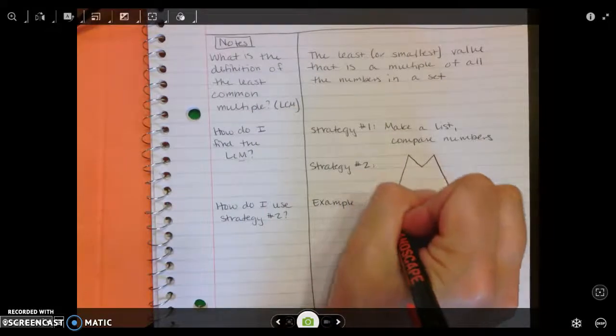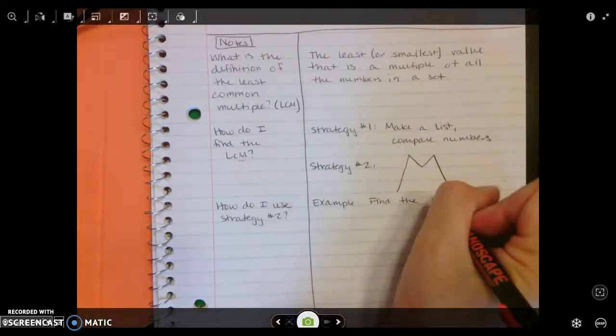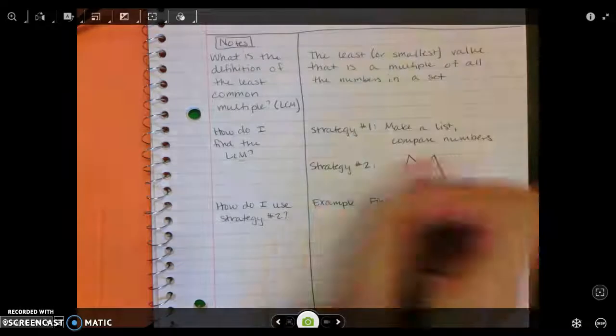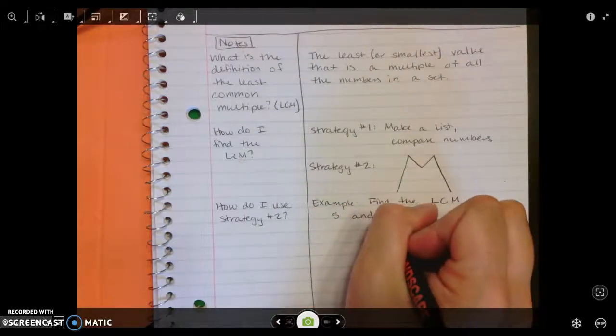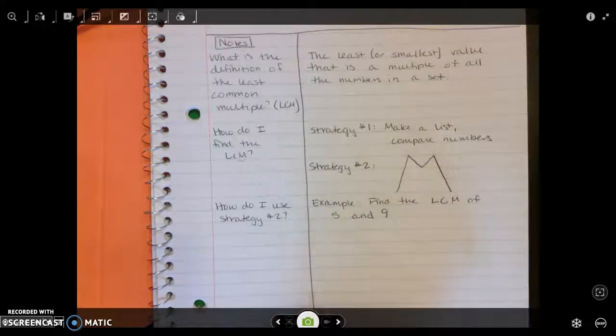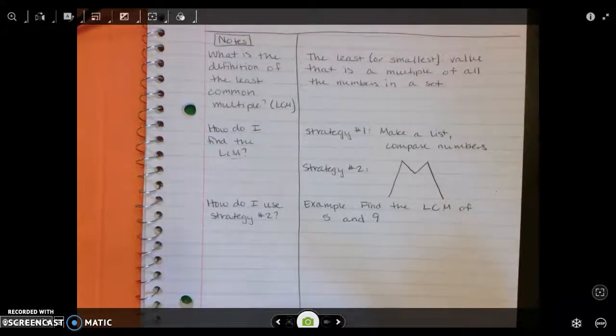Find the least common multiple of 5 and let's do 9. Okay. Actually, I'm going to do 15 and 9. I got to think in my head. Yes, I think we're going to be okay.